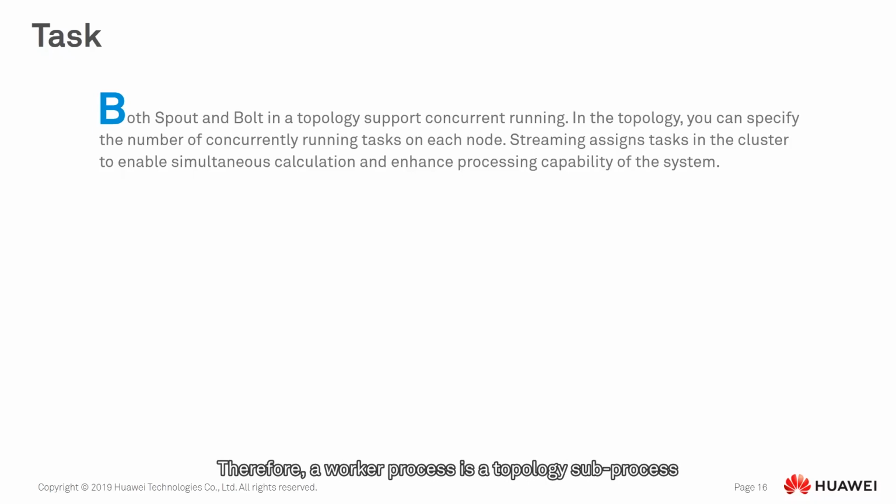Therefore, a worker process is a topology subprocess, and a worker belongs only to a topology. A worker contains one or more executors, and each component has at least one executor. Therefore, an executor is a component execution subprocess, and an executor belongs only to a component.